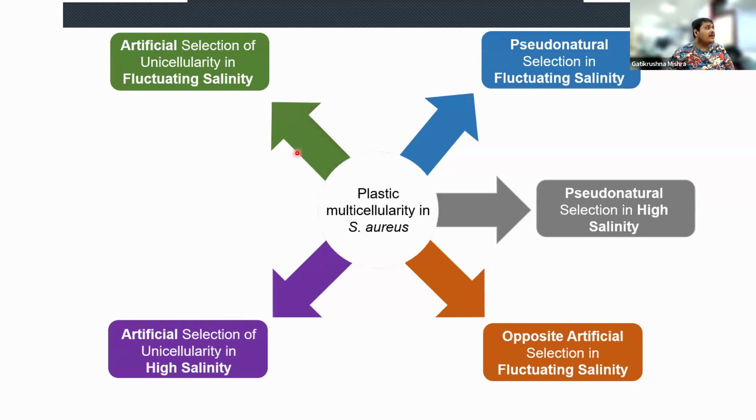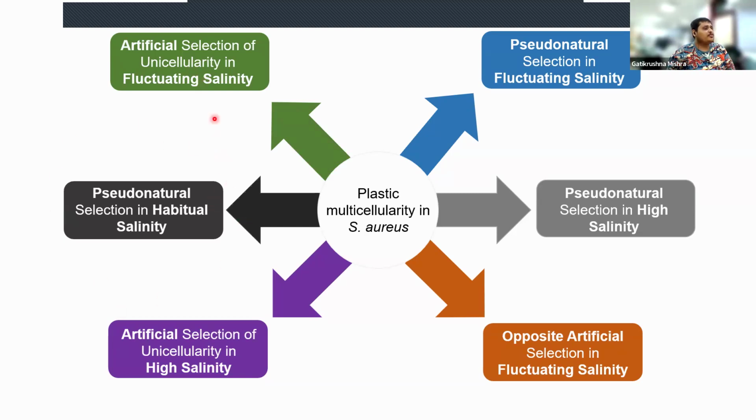Then I will do the same thing in another regime, but I'll fluctuate the salinity every other day. And as a global control to all the five other regimes, we will do a blind selection just in habitual salinity. We will not change the salinity level to high salinity at all. And in low salinity, we'll keep on doing a blind selection, not for any particular phenotype.